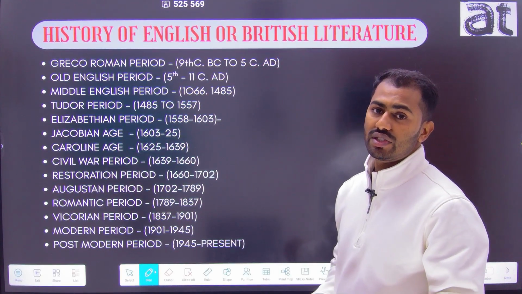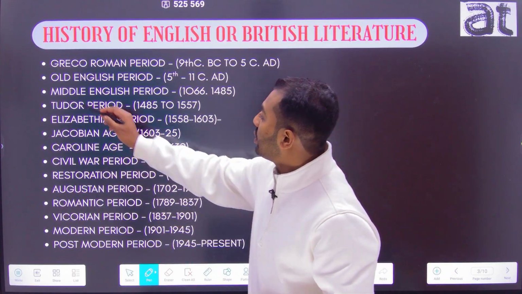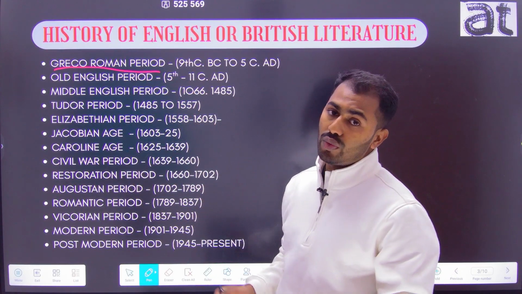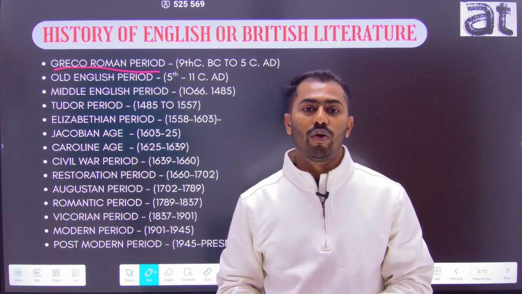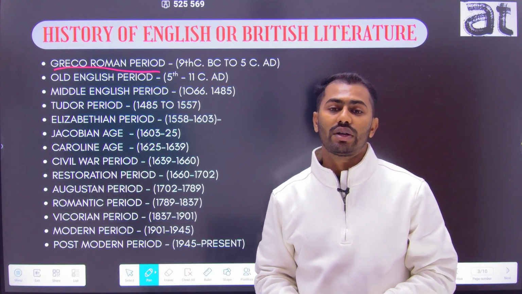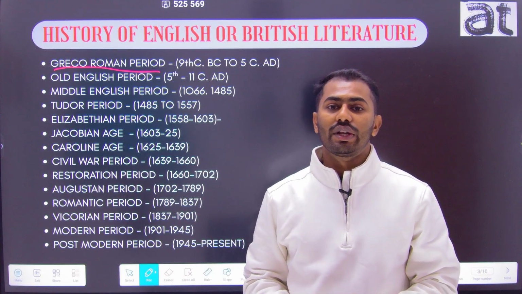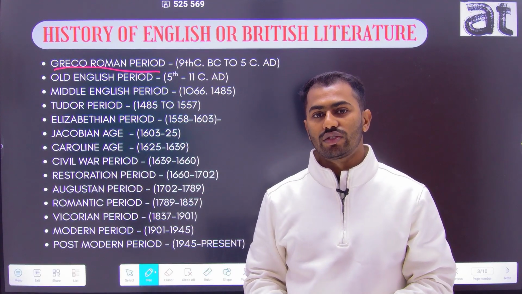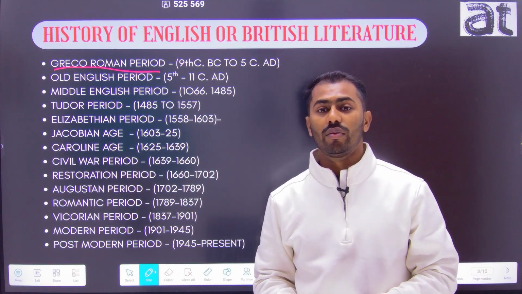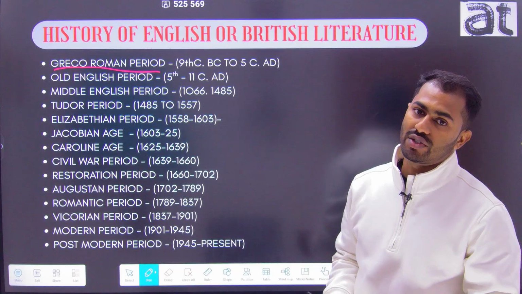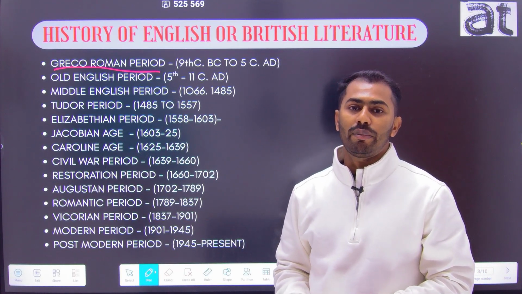In British literature, we will read the Greco-Roman period and who are the important writers of the Greco-Roman period, like Homer, and who are the important tragedians like Aeschylus, Sophocles, Euripides, and the most important comedians of ancient time like Aristophanes, Menander, Pindar.